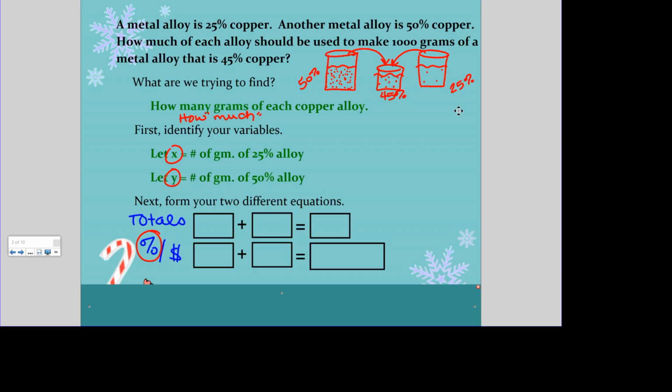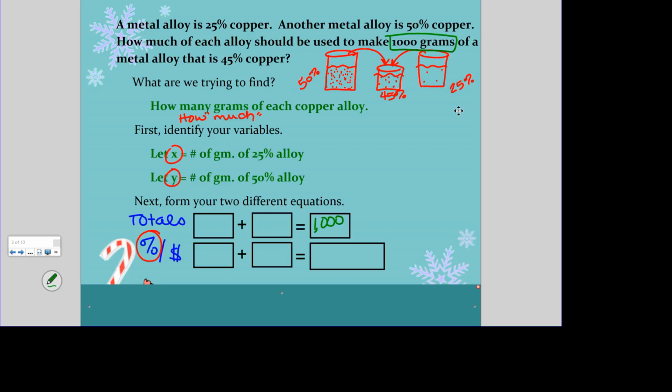For the totals equation, we're finding out how much together makes 1,000 grams. That's answering how many grams of each. So this 1,000 grams total should be found in the totals equation. However we add these together, it should equal 1,000 grams.